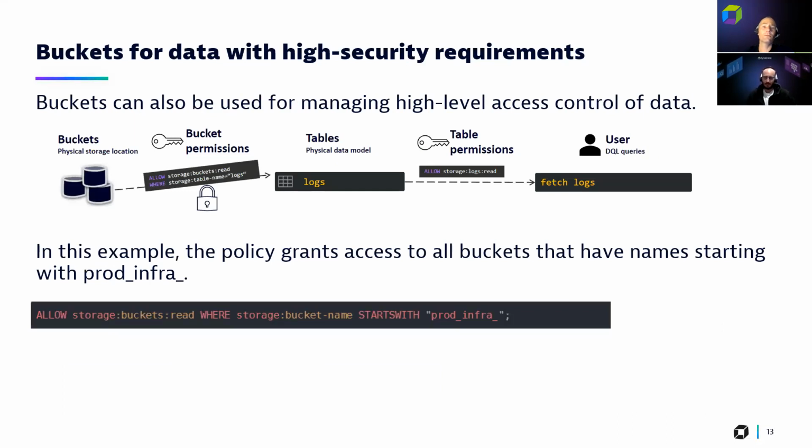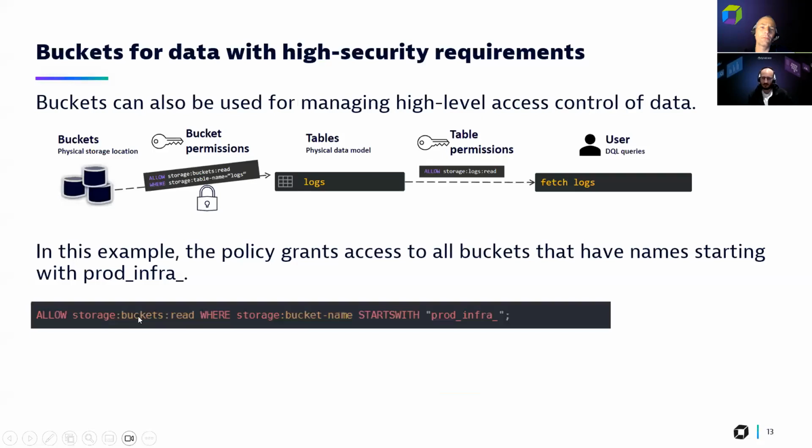Another benefit of using these custom buckets is that you can define specific policies for your users to access only that data. Here, step by step, we explain what types of buckets we have, the bucket permissions, tables, and table permissions for the users.